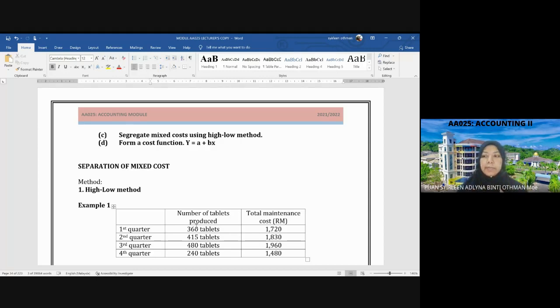you need to identify which is your fixed cost and which is your variable cost.